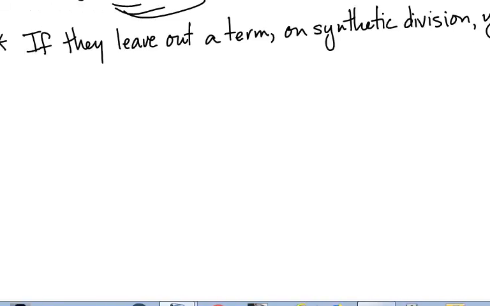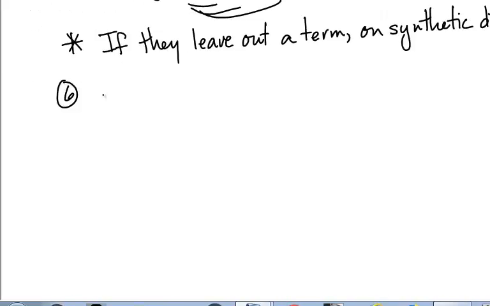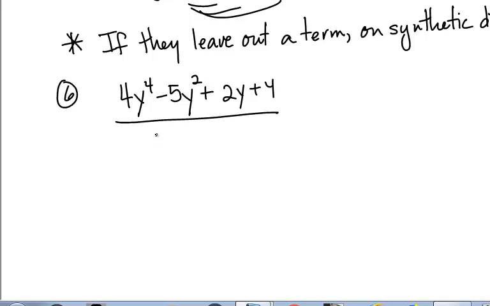And this goes back to a new problem. Say you had 4y to the fourth minus 5y squared plus 2y plus 4, and you're going to divide that by 2y minus 1.